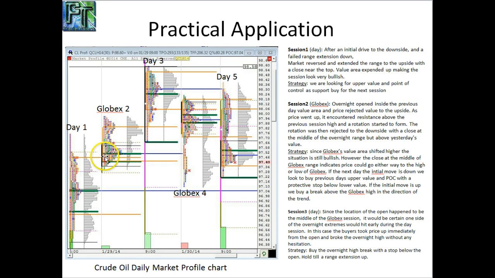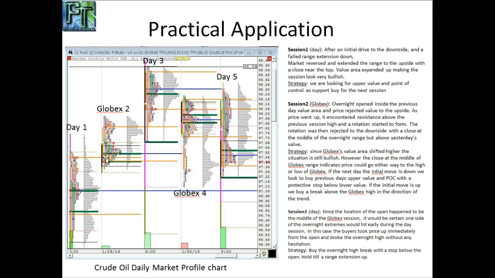Next session, the market opens. What we are seeing is that immediately off the open, value area high was rejected to the upside. Therefore, knowing that, I would wait for price to come down and retest the upper value area.